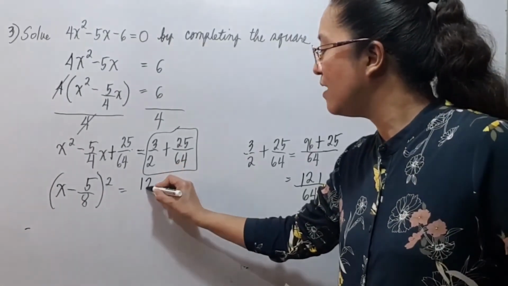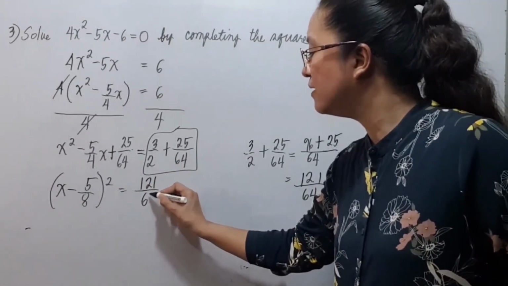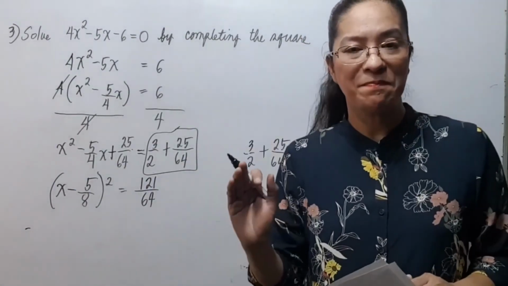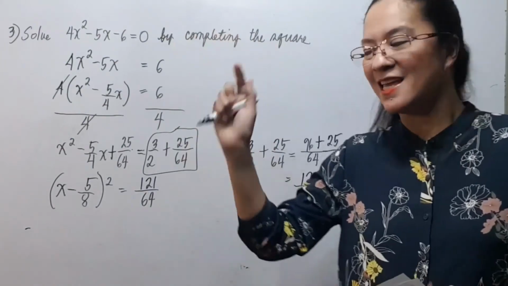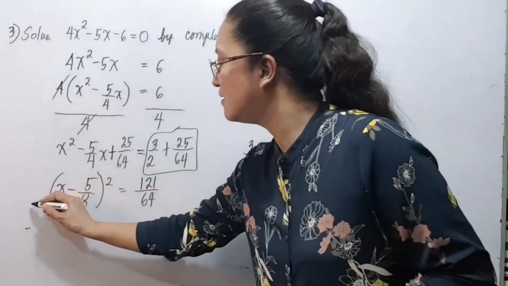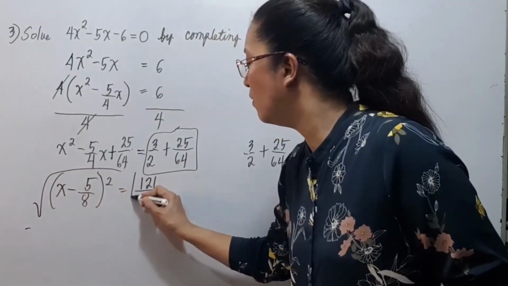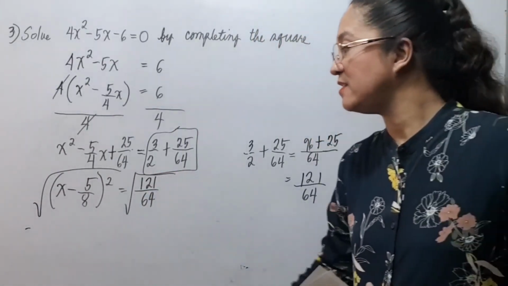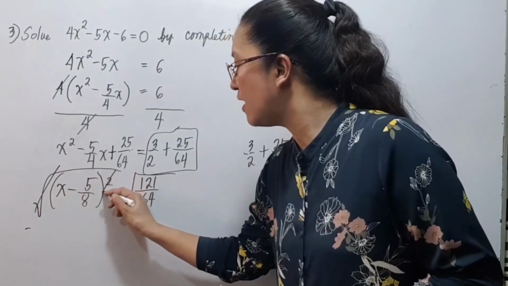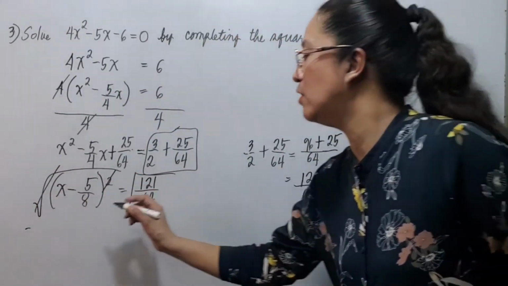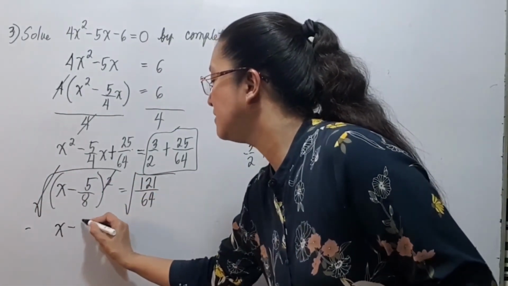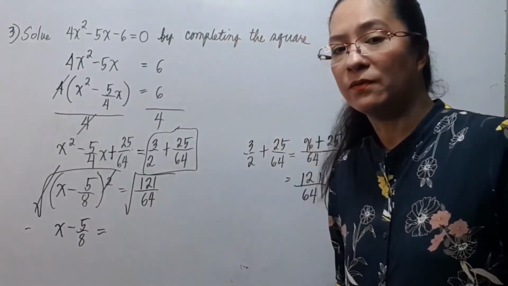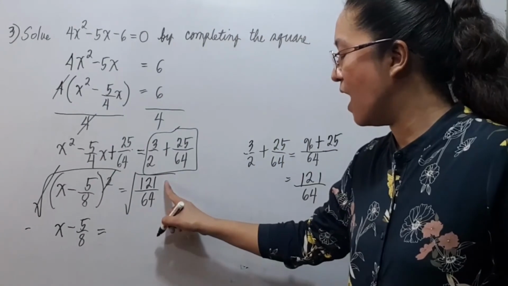So, this is 121 over 64. So, ano yung susunod na step? Correct! You are going to get the square root of both sides. Kasi applying the square root property, ano? So, square root, tsaka yung square na yon, cancel yon. So, we have x minus 5 over 8 is equal to, ano square root niya?